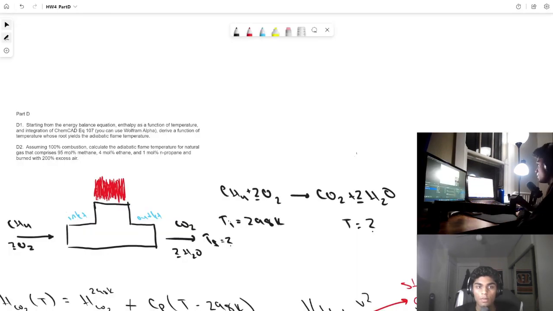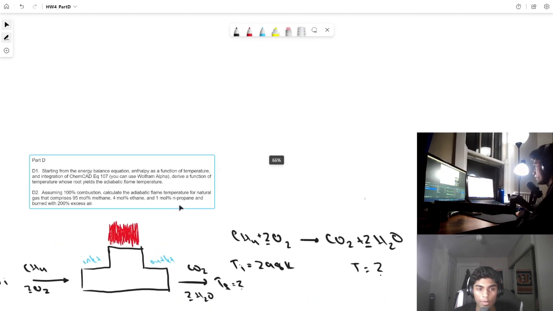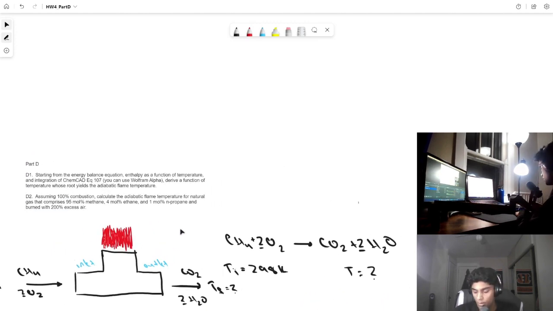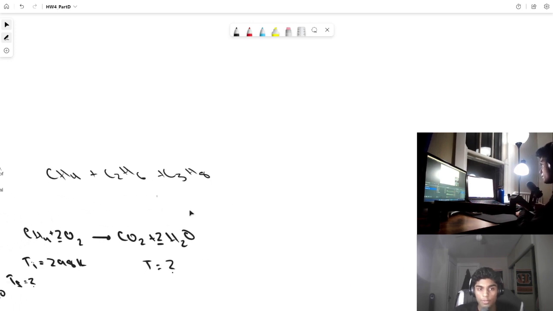So let me come back to my whiteboard one more time, just because I want to show you guys where something is going to come from. In the original problem, we have methane, which is CH4, ethane, which is C2H6, and propane, which is C3H8. Why am I showing you guys this?